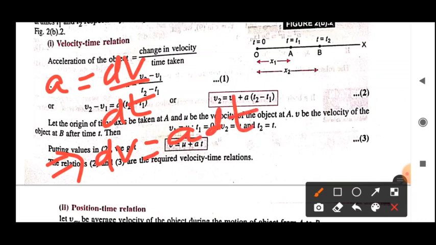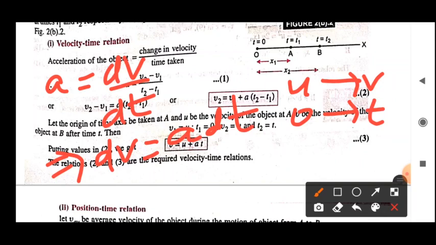Now suppose the motion started from the origin with velocity u, and at the final point the velocity is v. So velocity is changing from u to v, and in that change time is changing from 0 to t. Let's take the concept of uniform acceleration.